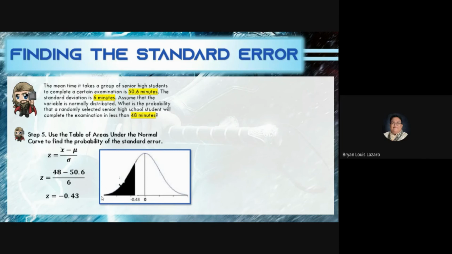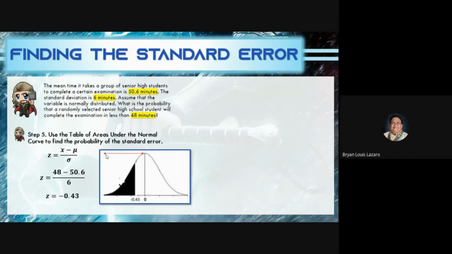Ngayon, itong shaded part na to, ang hinahanap natin. So the process is similar. It is almost the same as our previous lesson. Yan. Kaya siya nagiging madali, lalo kung nagets nyo yung z-score or standard scores natin. Okay. Ngayon, hahanapin natin yan sa ating table.